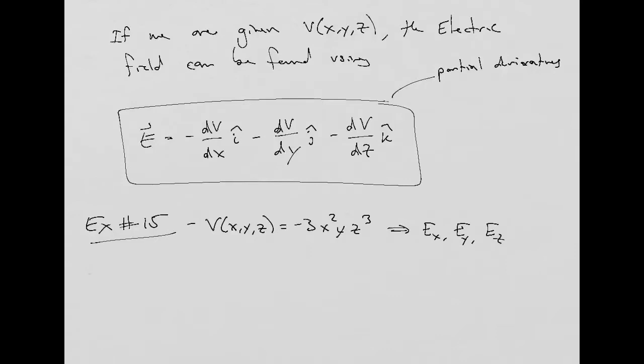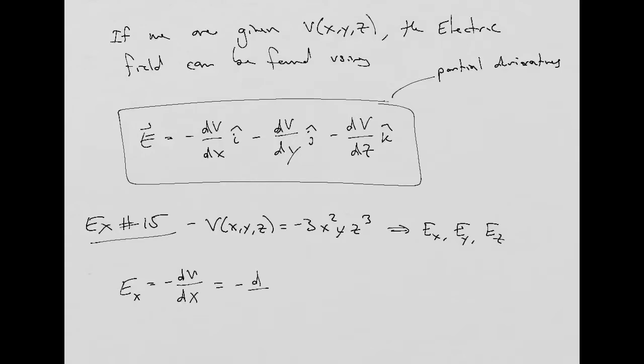Well, we know how to calculate these components. We just figured out that if we want to calculate Ex, this is just minus the derivative of V with respect to x. Now we do have to be a little careful because these are special derivatives. So let's just plug in what we know V to be.